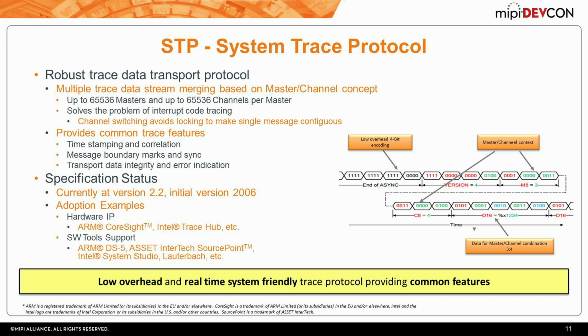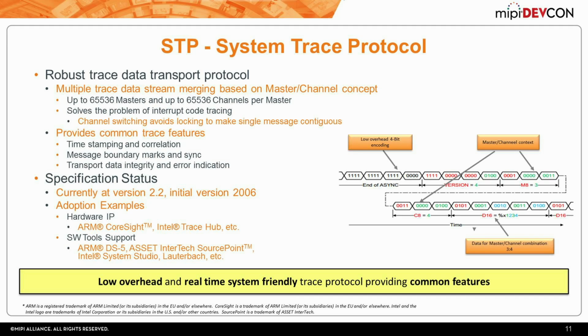With the channel concept from the STP protocol, you have a very elegant workaround to this problem. If you use the interrupt level on your system as a channel indicator, the data for the interrupted code will appear on a different virtual data pipe than the interrupt handler routine. So there's no data corruption anymore.